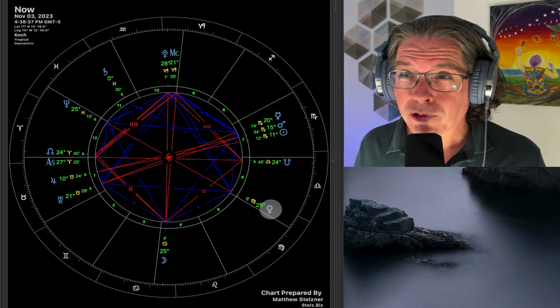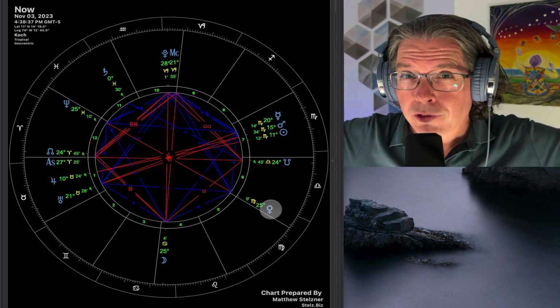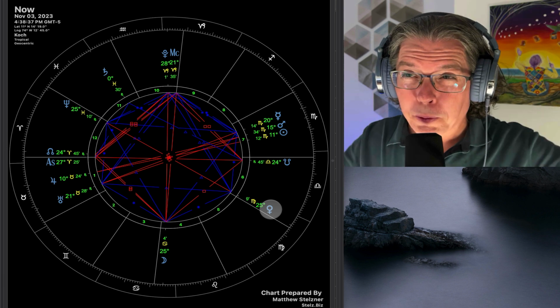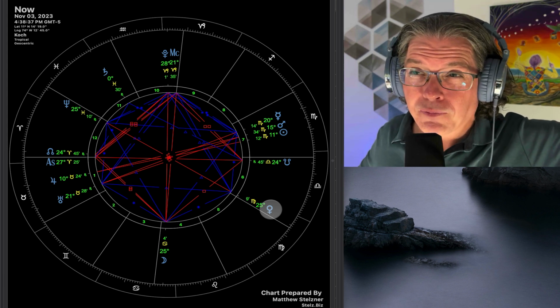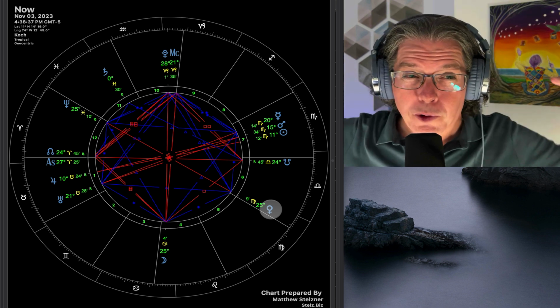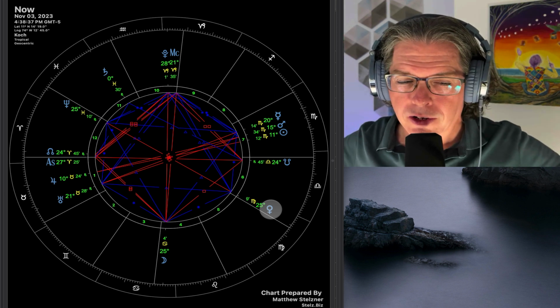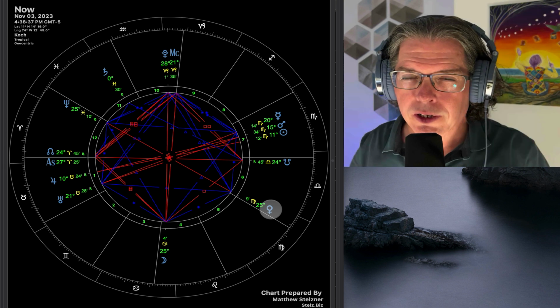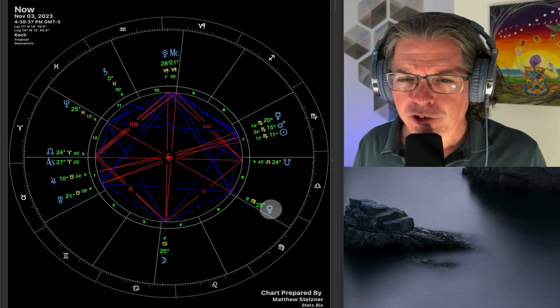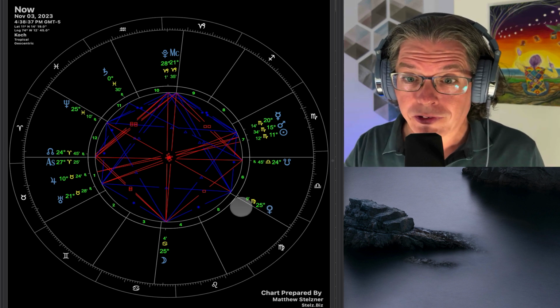And a mystic rectangle is 2 trines, 2 sextiles, and 2 oppositions. So it's super dynamic, high peak energy with the oppositions, and then it's more flowing with the trines and the softer stimulation of the sextiles. You know what I'm saying? And so it's a very highly charged chart, as you can see here.